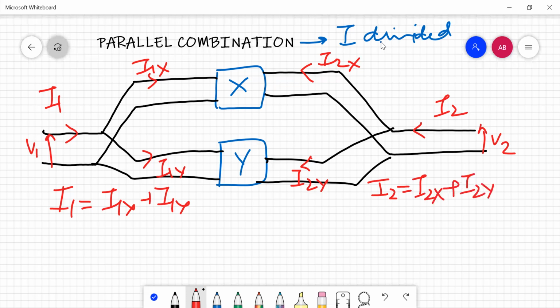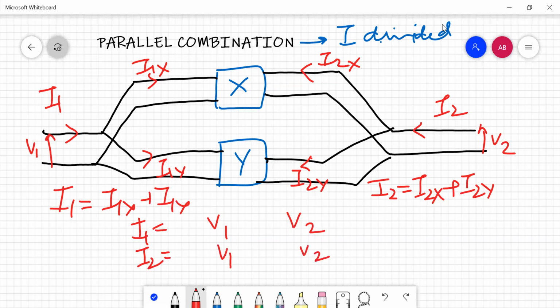We only need to now write down the equation in terms of the Y parameters, because that is what we write in terms of I1 and I2. So let's write down the equations. So it is I1 in terms of V1 and V2. Similarly, I2 in terms of V1 and V2.